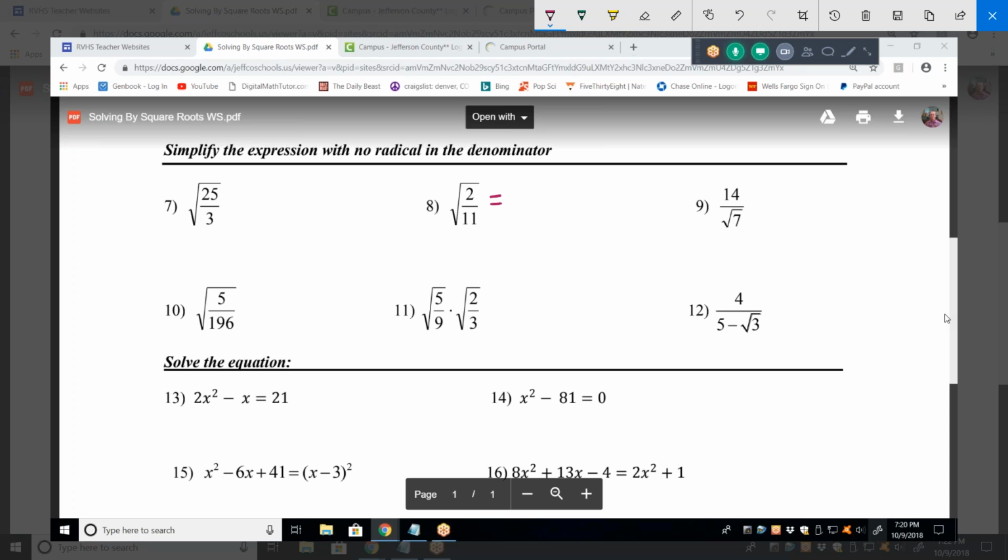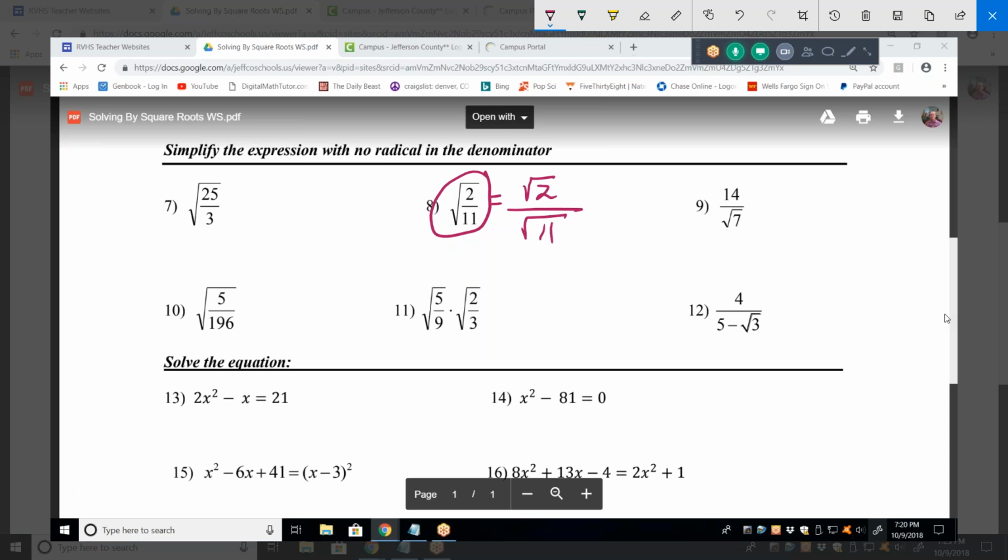Okay, so this one's a little interesting because it's a fraction. It's the same thing. So it would be 2 over the square root of 11, right? The square root of 2 over the square root of 11. Because all you're doing is taking that and turning it into 2 radicals.